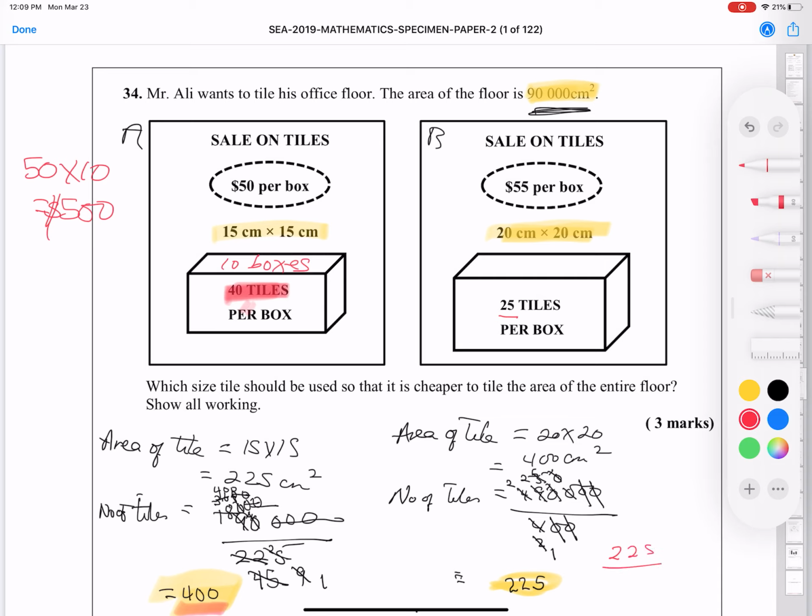Mr. Ali should choose option B. Let me give my best handwriting here. Mr. Ali. Can't see what I'm writing. He will save less. Great.